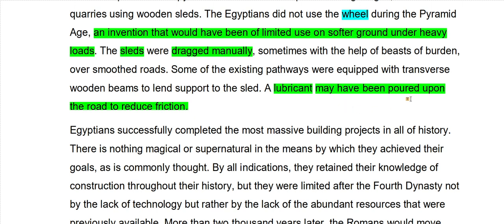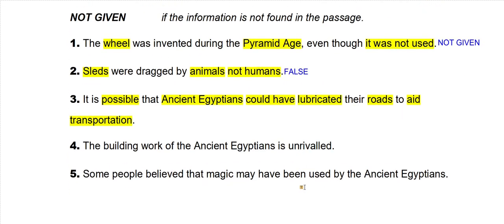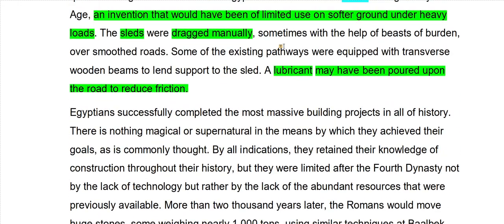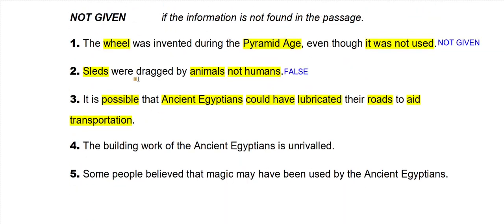What they have poured, we don't have to concern ourselves with that, because the question is not asking whether it is possible that ancient Egyptians could have used oil to lubricate their roads. No, the question is just saying that they could have lubricated their roads, but with what? The question is not concerned with that, so we will not worry about that. So yes, lubricant may have been poured to reduce friction, meaning to say to help with transportation. So the answer to this will be true.